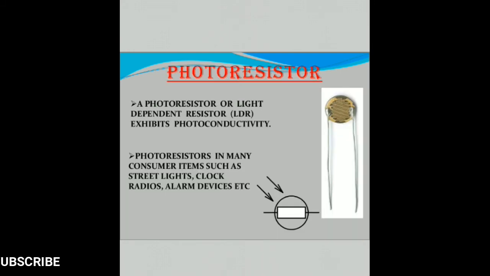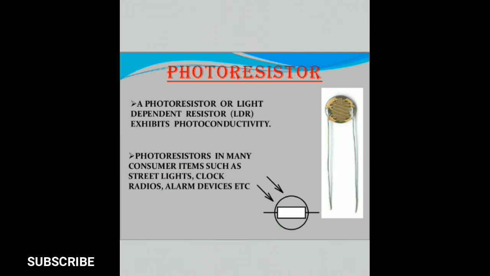Then the photoresistor. A photoresistor is like a sensor, and it is also called an LDR, the light dependent resistor. Photosensors are mainly used in consumer items such as street lights, clocks, radios, alarms, etc. Automatic street lights are very commonly used in our day-to-day life.